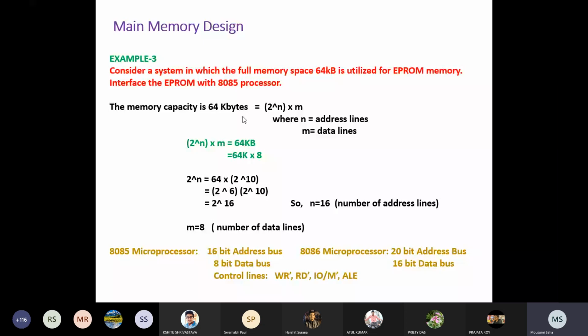For example, the 8085 microprocessor has a 16-bit address bus, while the 8086 has 20 address lines. In 8085 you have an 8-bit data bus, and in 8086 a 16-bit data bus, and some control lines. In your exam we will provide all the configuration, not the exact processor architecture. Based on that you have to design the memory unit.